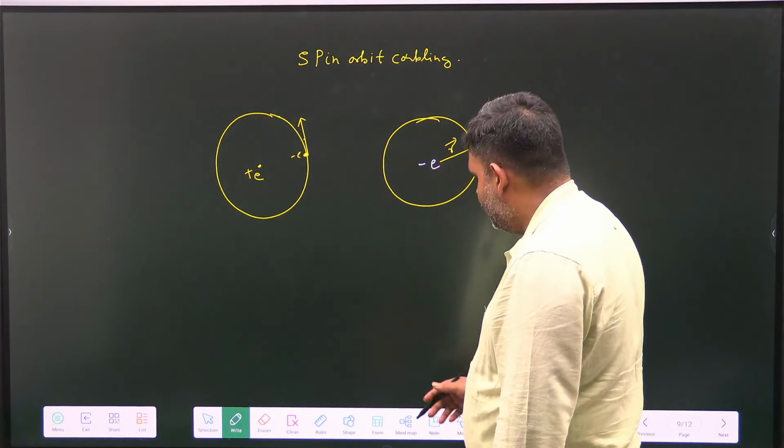The scenario is, here is my electron and there is my proton, okay, and we have an electric field on the electron due to this particular proton, and that electric field E is equal to e upon 4 pi epsilon naught into R by mod R. e square होता है ना, what will be that value? Z e R upon R cube.